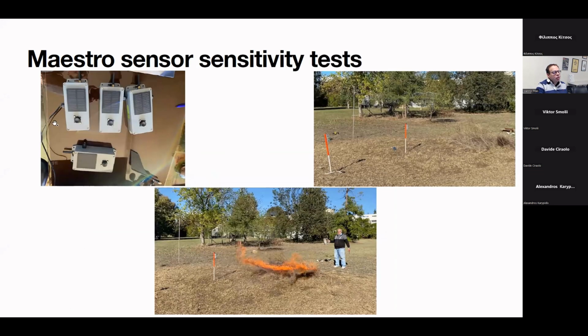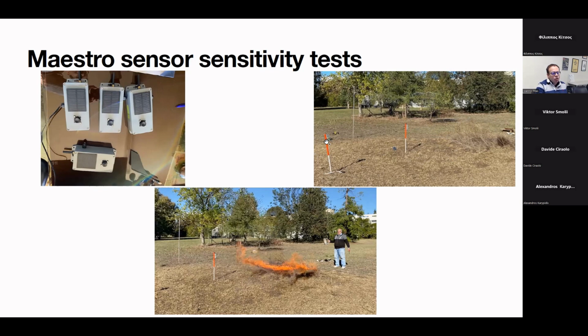So the Maestro node or sensor device, you can see it on the left. We have the consortium company, which took care to package all these circuits and install them in a proper box to be easily placed in forest areas, like you see here on the right.